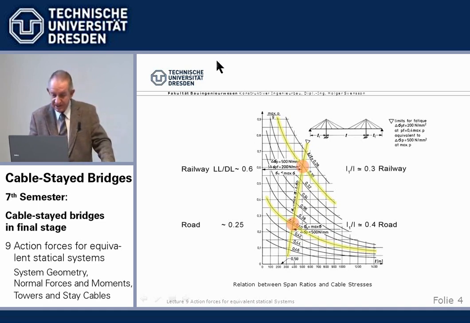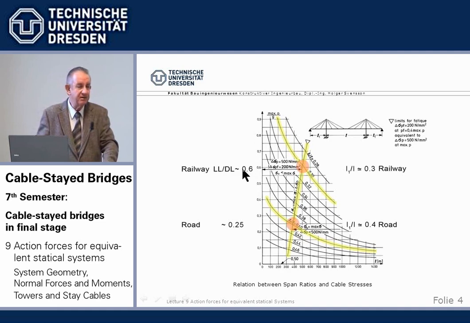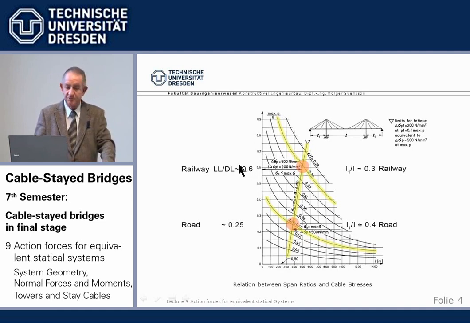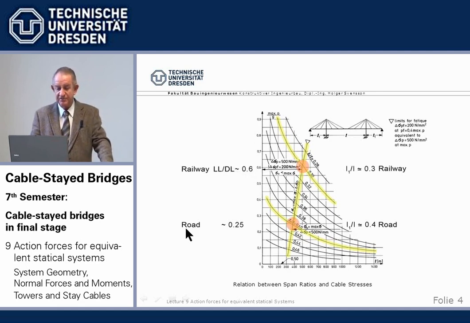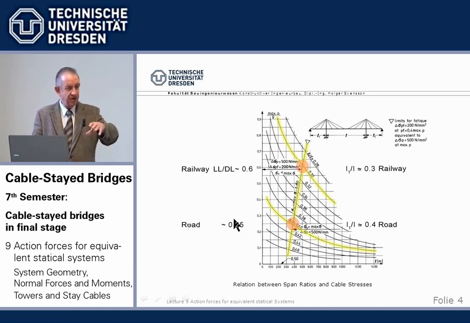And now it depends if we have a railway steel bridge. Then the live load may be, say, 60% of the dead load, of the weight of the steel beam. And if we have a concrete road bridge, then we may have only 25% live load of the weight of the beam.